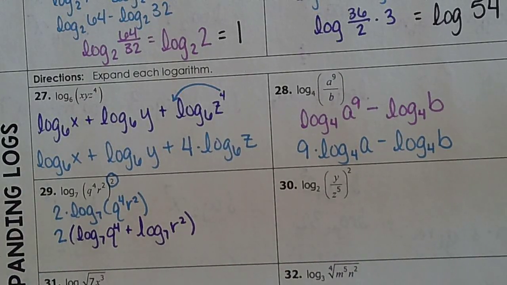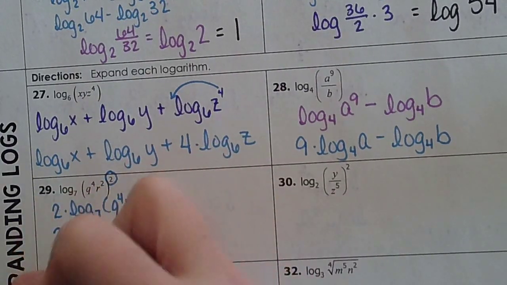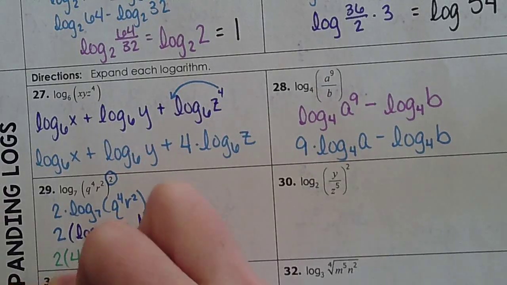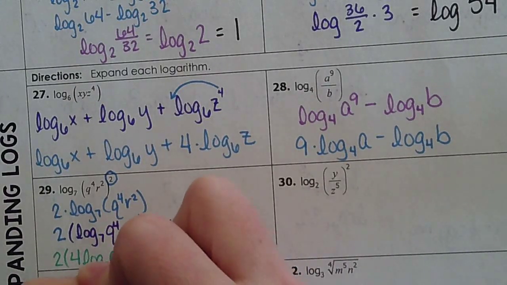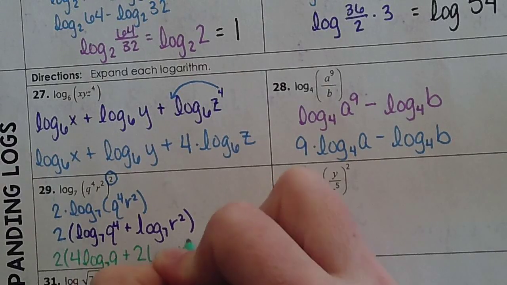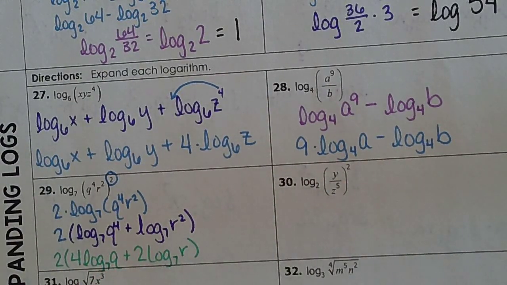Okay, now I'm going to deal with my next exponents. I've still got my 2 on the outside. And then I have 4 log base 7 of q plus 2 log base 7 of r. Okay, but I don't want any parentheses in my final answer, so now I'm going to distribute the 2.